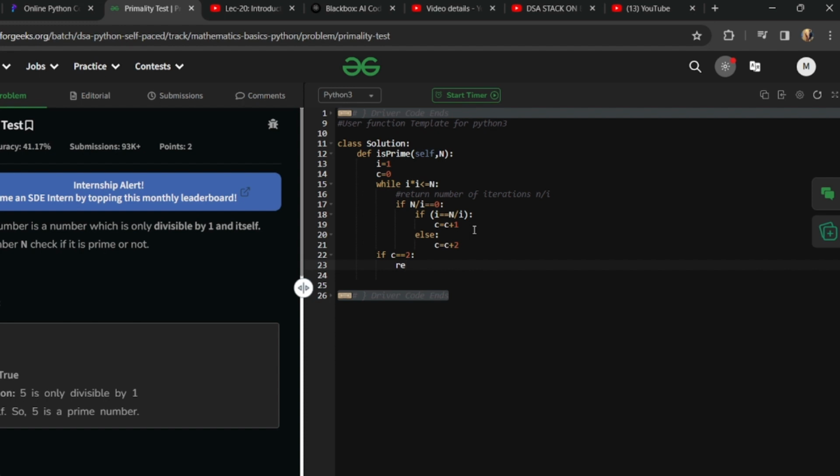If it is equal to 2, then the number has exactly two factors, and we return that n is prime.